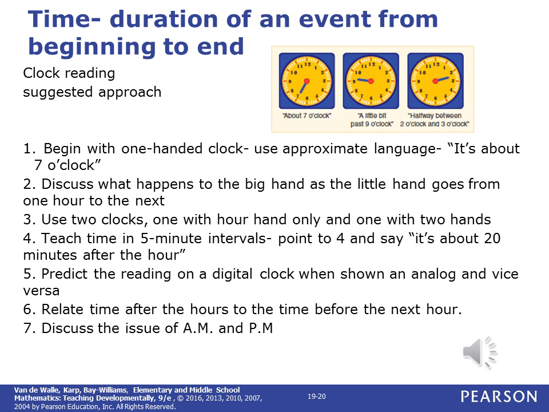You want to relate time after the hour to time before the next hour so that students can see how the hands are positioned in both of these. And then, of course, you'll need to discuss the issue of AM and PM. This is a lengthy task, but it really is so vital for students. Obviously, time is something that they're going to need to be well acquainted with for the rest of their lives.